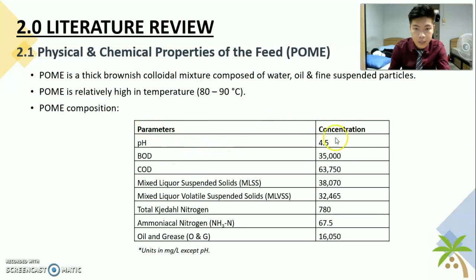And as you can see in the table below, POME has a pH value of 4.5, which is slightly acidic due to the acids present in the POME. And POME is high in BOD and COD amount due to the organic materials present in the POME. And same goes to the suspended solid, nitrogen, and oil present in the POME.